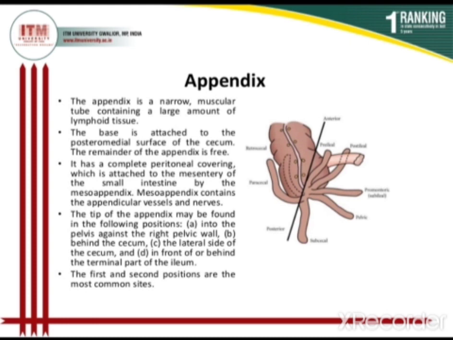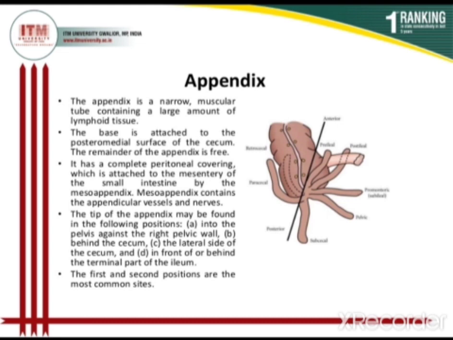It has no function in the human body. That's why it can be removed through surgery, and the condition called appendicitis, in which there is inflammation of the appendix, is very painful in the right iliac fossa.